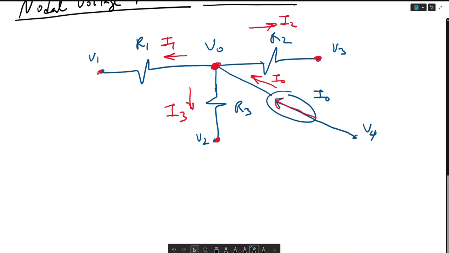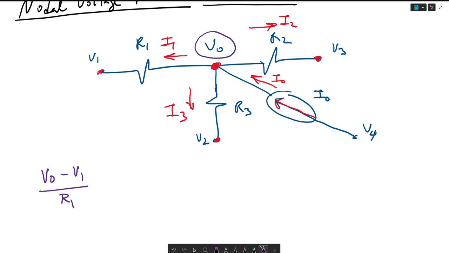In order to write my equations, I would first start off by saying VO minus V1 over R1.